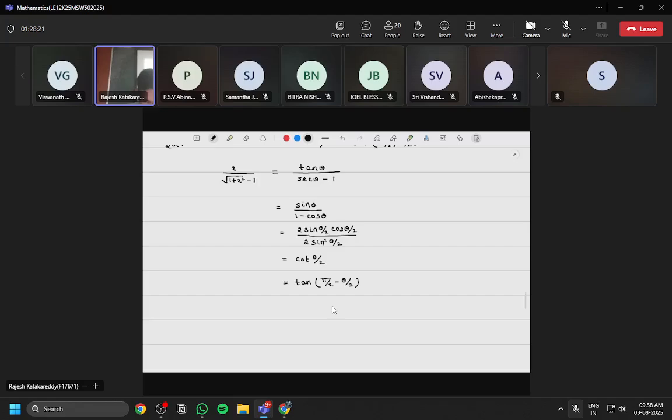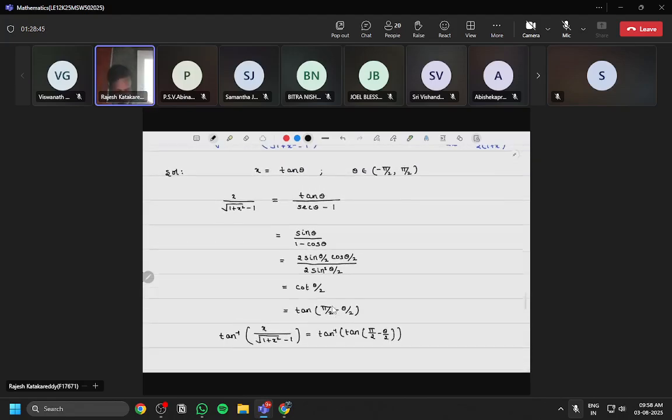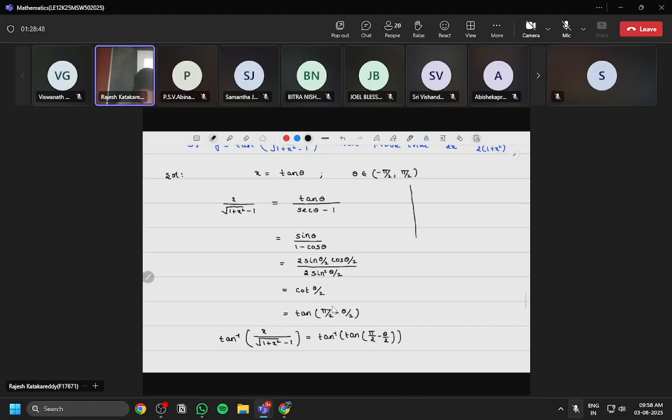So now I can substitute. If I substitute, y is equal to tan inverse of x by root 1 plus x square minus 1, which equals tan inverse of tan of pi by 2 minus theta by 2. Here you need to know the interval of pi by 2 minus theta by 2.